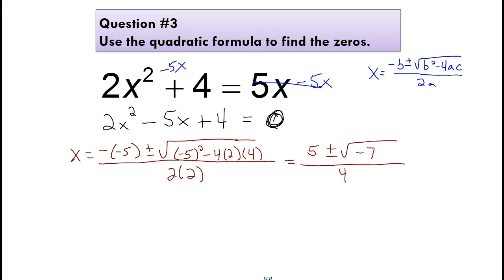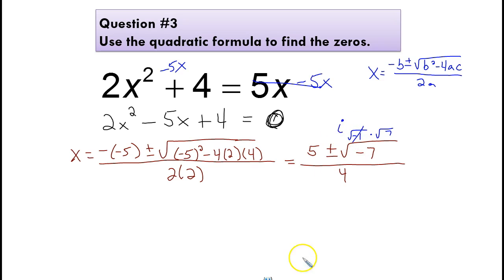Now, when I look at this negative 7, I see there's a negative under the radical. We can never have negatives under the radical. So we have to think of this as the square root of negative 1 times the square root of 7. Because what is the square root of negative 1? We use the letter i. It's an imaginary number.